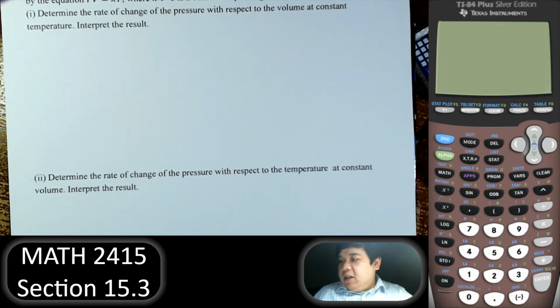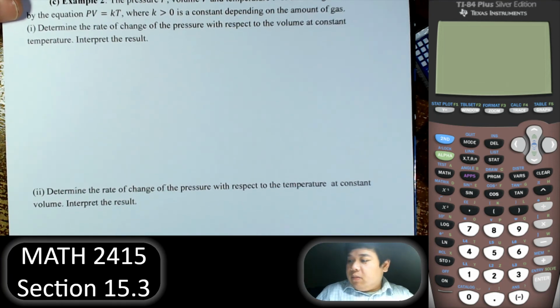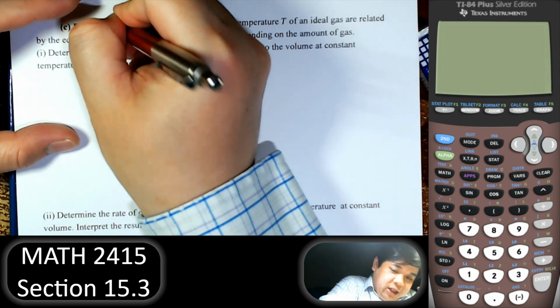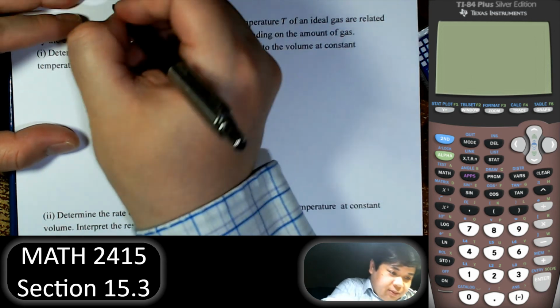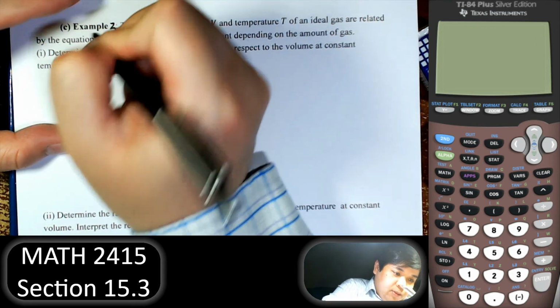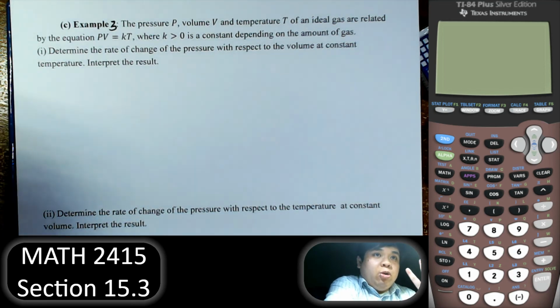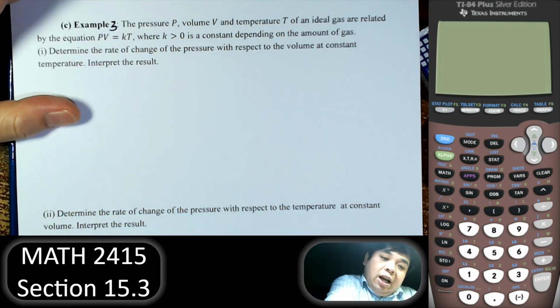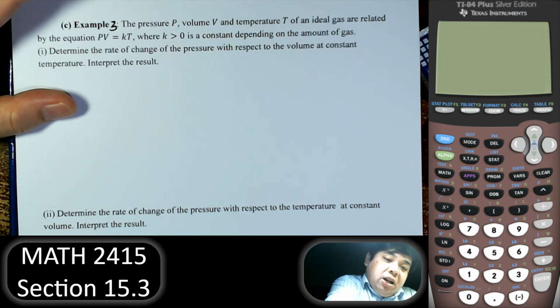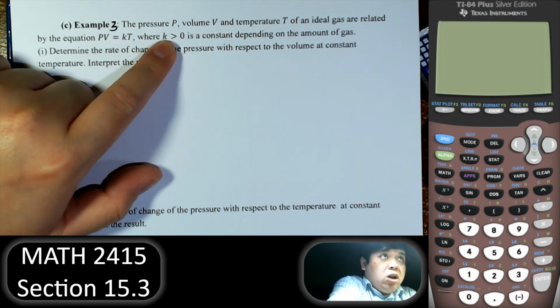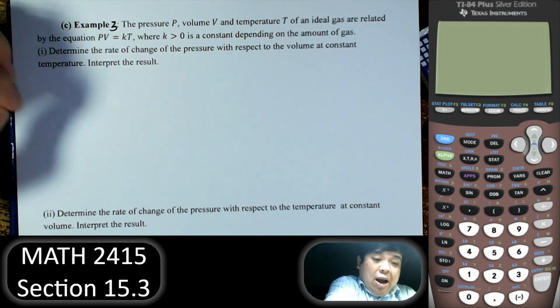Now we have an example here. It should be example 3, sorry. The pressure, the volume and temperature, so those are 3 variables, P, V, and T, of an ideal gas are related by this equation, PV equals KT, where K is a positive constant that depends on the amount of gas.